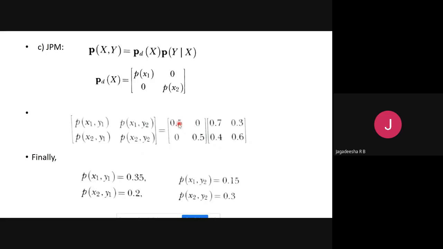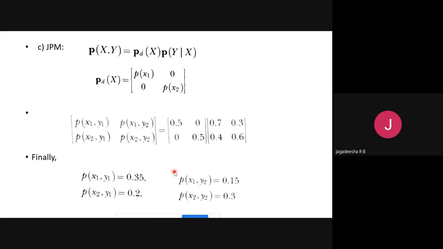Yes. So when you multiply this row and this column, you get the first item as 0.35. This row and this column, you get the second item. This row and this column, you get the third item. And this row and this column, you just multiply and get the final item here. So this represents the joint probabilities between x1, y1, x1, y2, x2, y1, and x2, y2. If we sum these total probabilities up, we should be getting nearly 1.